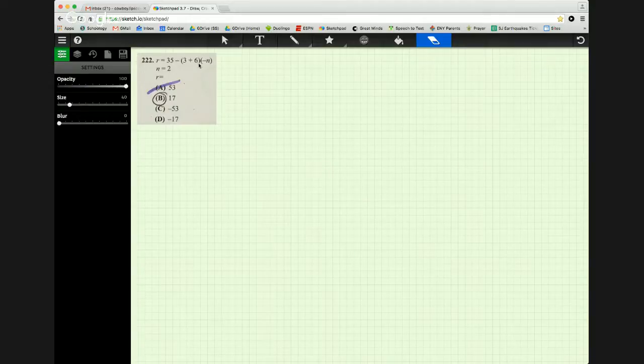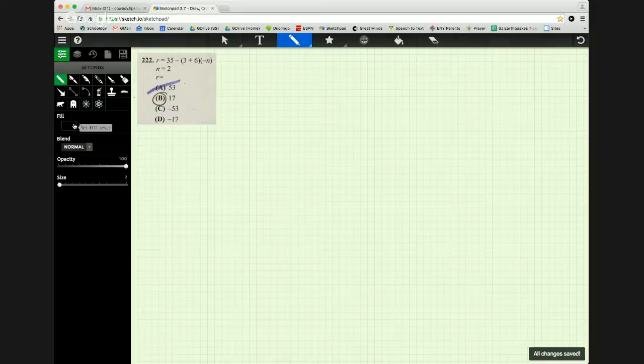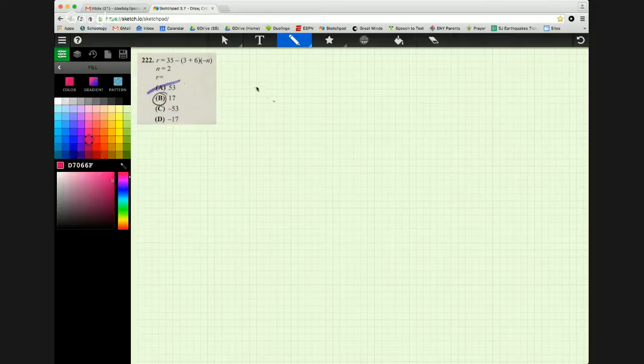Okay, so we have a problem here where we're trying to evaluate what R equals if we know what N equals. So let's write this in. R is equal to 35 minus 3 plus 6 times negative N. And we know that N is equal to 2. Let's simplify this a bit.